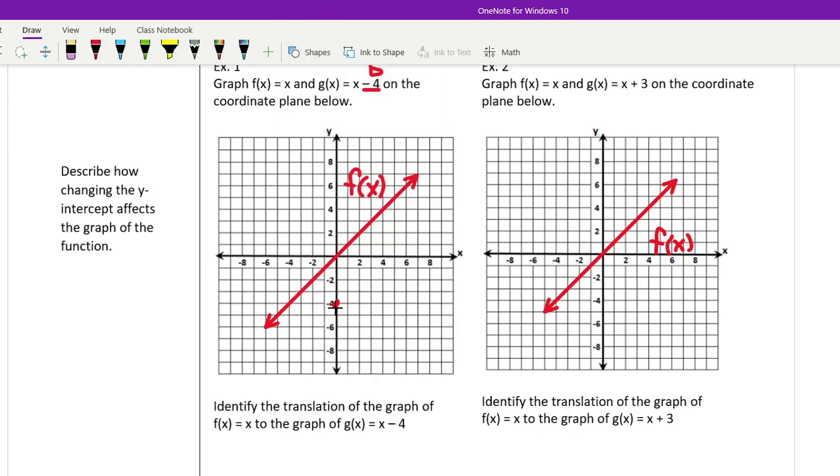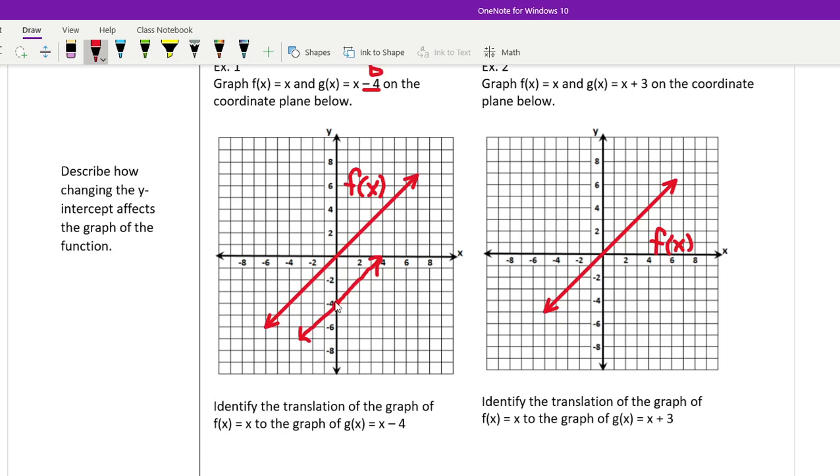I'm going to try my best to get this straight as possible. But it snaps away like that, so I have to do it freehand. With a slope of up 1 over 1, or a slope of 1, it's pretty easy to do.